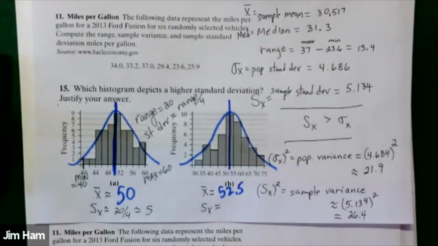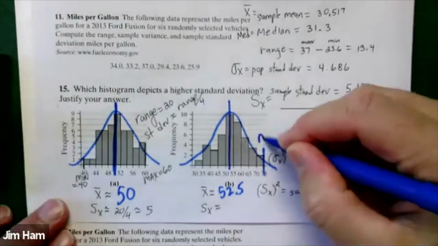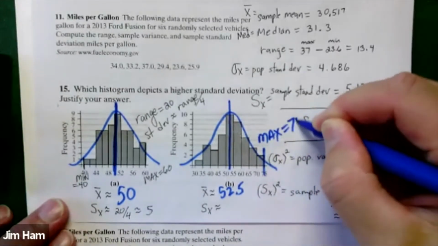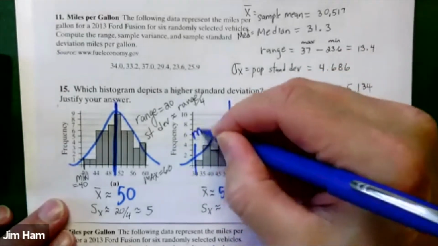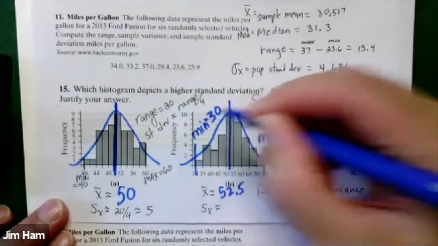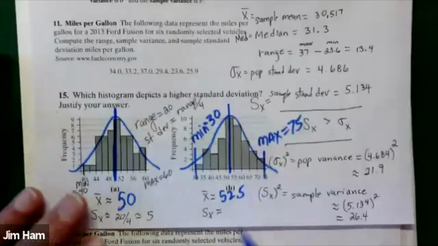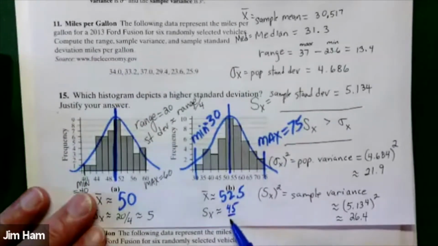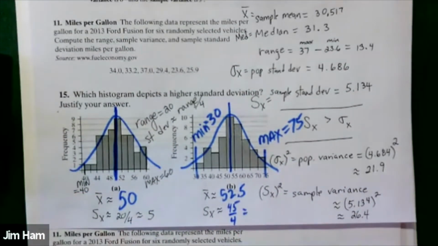Again, we're estimating, so these numbers are going to be different. You have a max of 75 and a min of 30. So if you take that 45 and divide by 4, you're always dividing by 4, and you'll see why here as we calculate the standard deviation or consider the empirical rule.